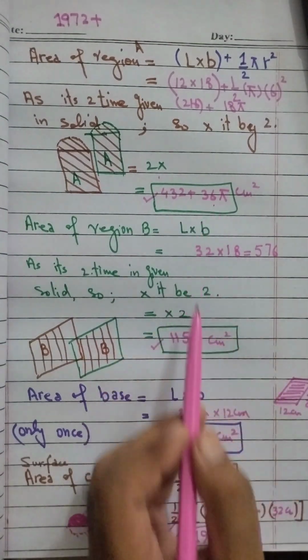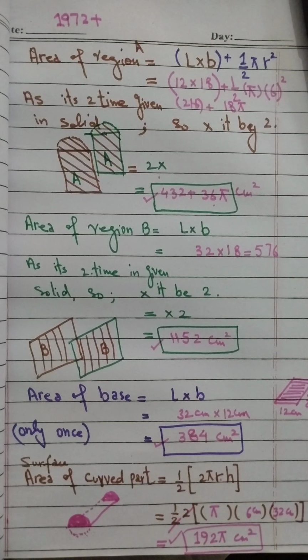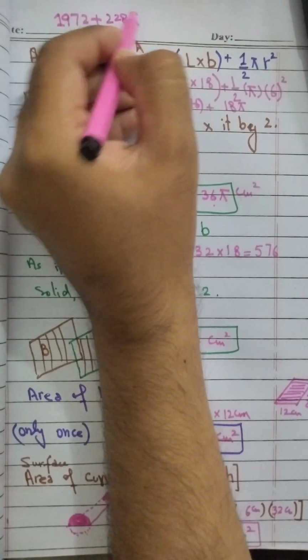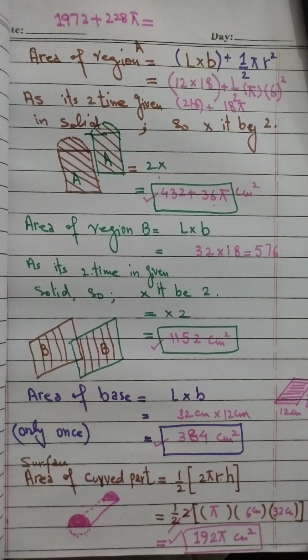Now we add the pi values: 192 pi plus 36 pi becomes 228 pi.